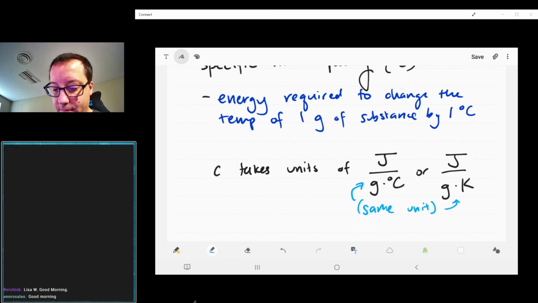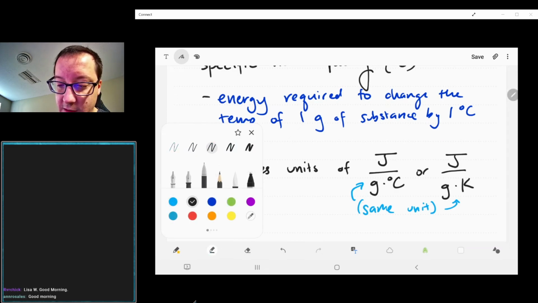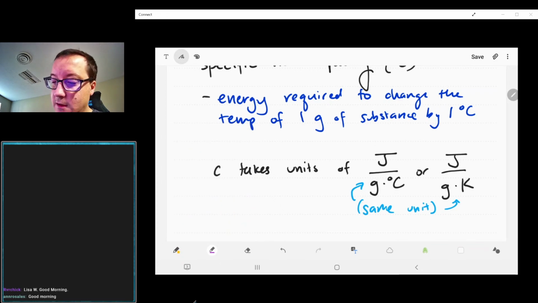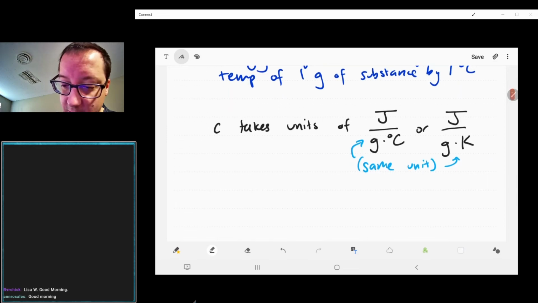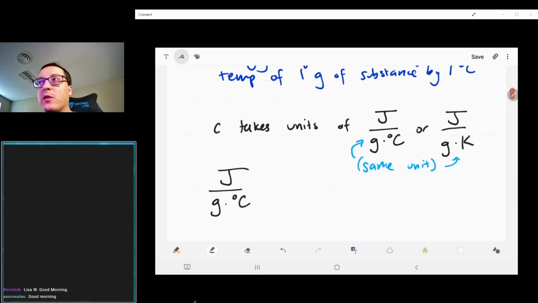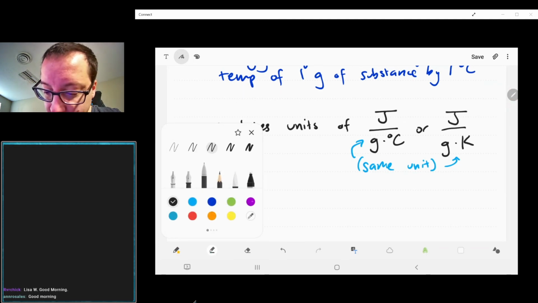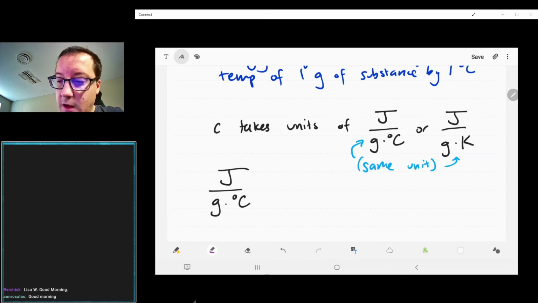So, if we want to dissect the units of this, I'm just going to copy the units again before we mess with what they all mean. On top there is joules.